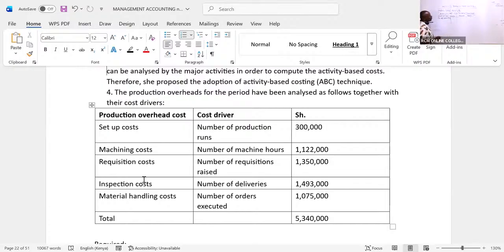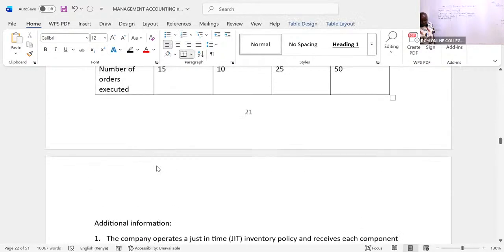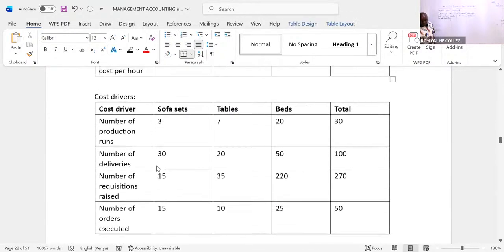So number of production runs, how many do we need? Look for the cost drivers, the numbers, second table, or the table up there. So number of production runs, we have 3, 7, 20, giving us a total of how many? 30.